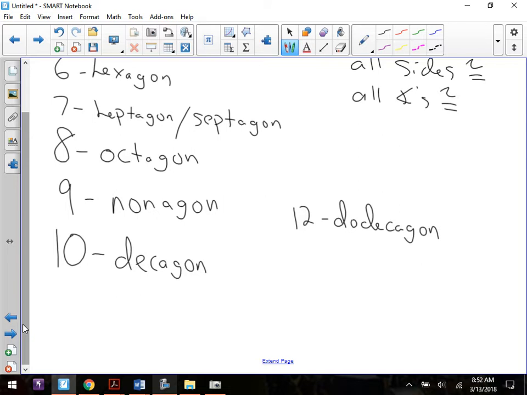Everything else will be called an 11-gon, 13-gon, 77-gon, and so on. 3-sided figures are obviously going to be equilateral triangles. 4-sided figures will obviously then be squares because those are the regular polygons of that. So everything else is just called an n-gon, and n is just the number of sides.